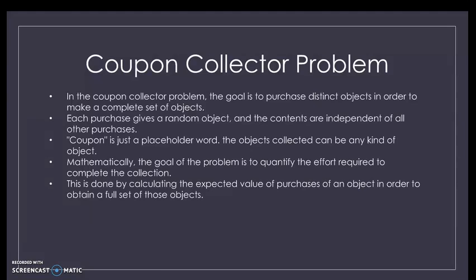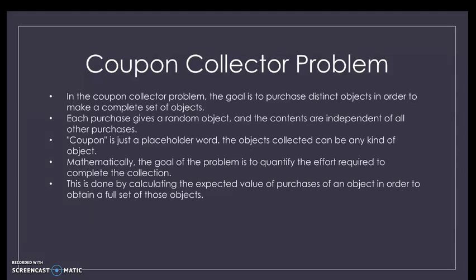So coupon collecting is, for example, it means that we want to collect a set of objects, and what is the effort needed for us to collect all the objects in the set.